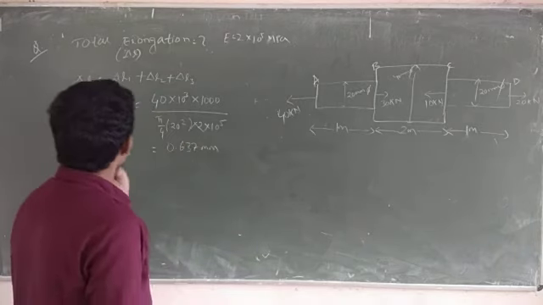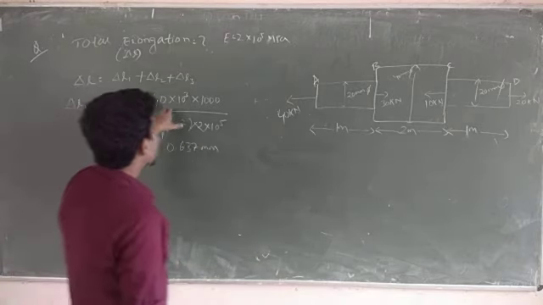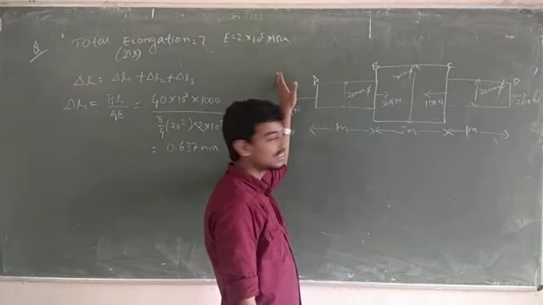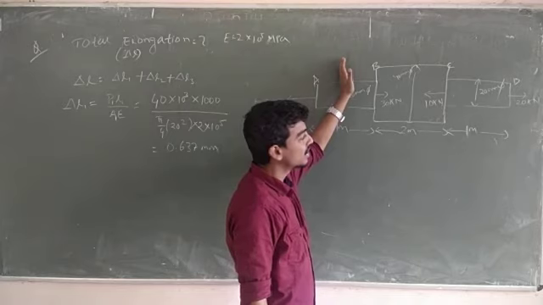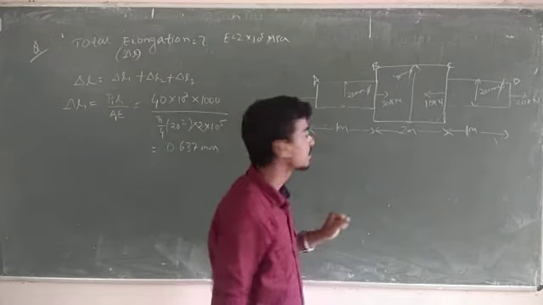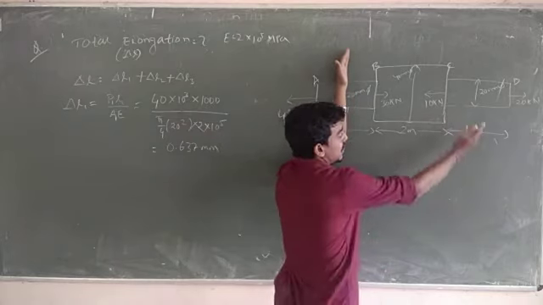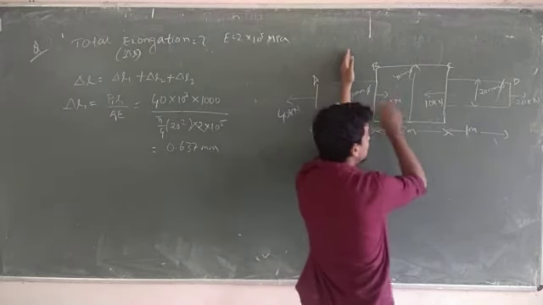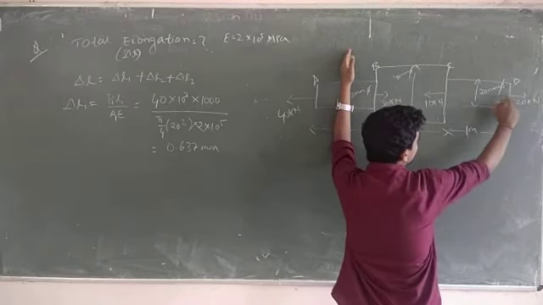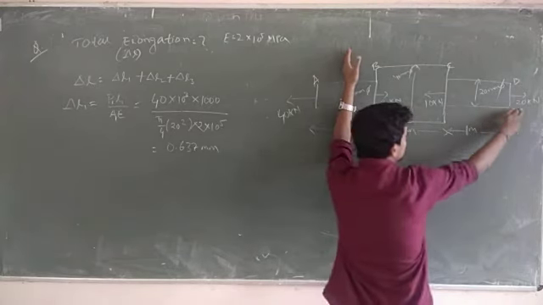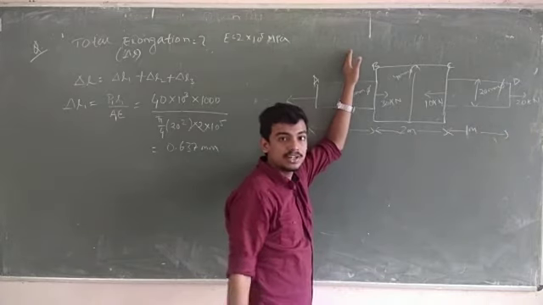Now I have calculated 40 here considering the left of the section. If I take the right of the section, then also it will come 40 kilonewton. You see here, if I consider the right side, what is the load? Tensile load means in this direction, and here in the same direction, so that will be added, 30 plus 20, that is 50 kilonewton.